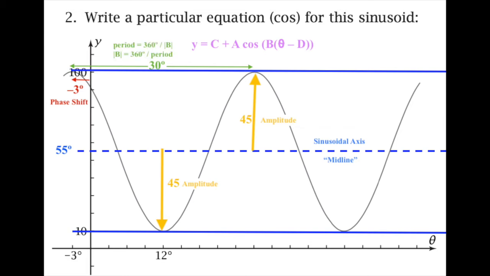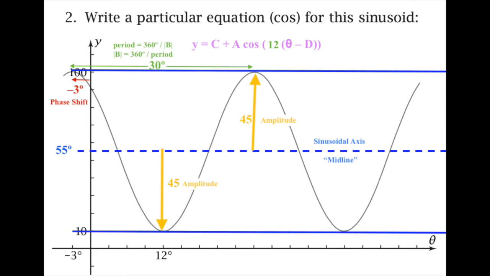The period, which is what we measured, is equal to 360 degrees divided by the absolute value of that number b in the equation. What you get is that the absolute value of b is equal to 360 degrees divided by the period. In this case, we have 360 degrees divided by 30, and that gives you 12. And that's what goes in where b was in the equation.